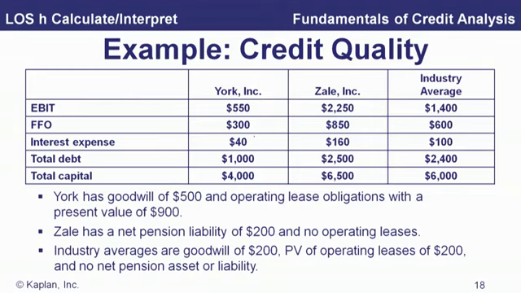York has goodwill of $500 and operating lease obligations with a present value of $900. Zale has a net pension liability and no operating leases. Industry averages are goodwill of $200, PV of operating leases of $200, and no net pension asset or liability. So that's going to help our comparisons as we move through this example.